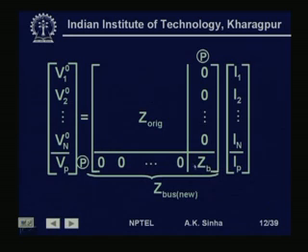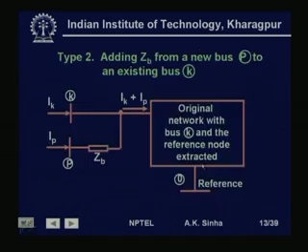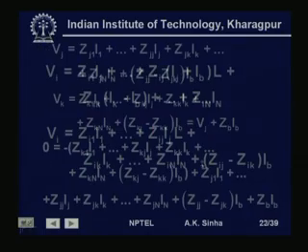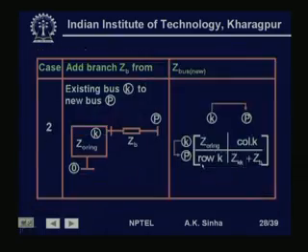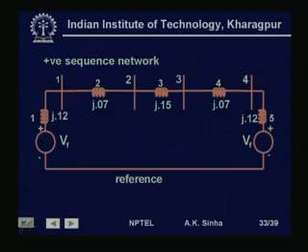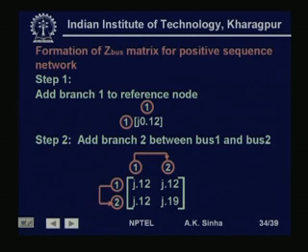So, we start with j0.12, and only this ZB comes into the picture. First is j0.12, which is the impedance of the Z bus matrix.